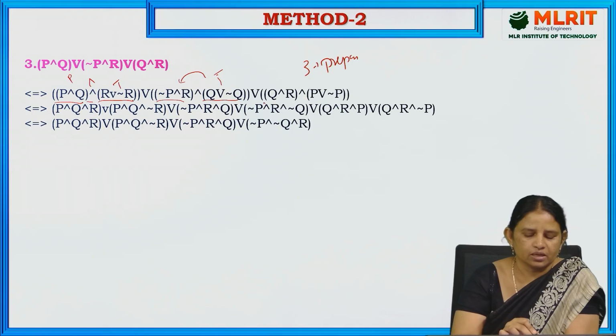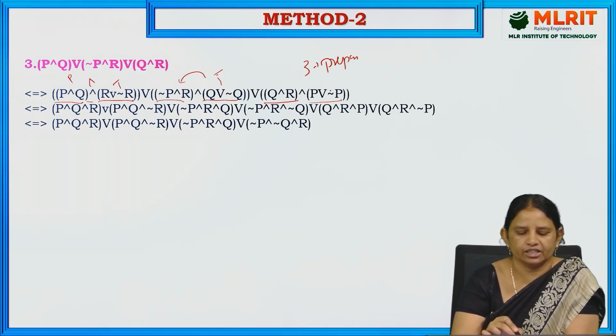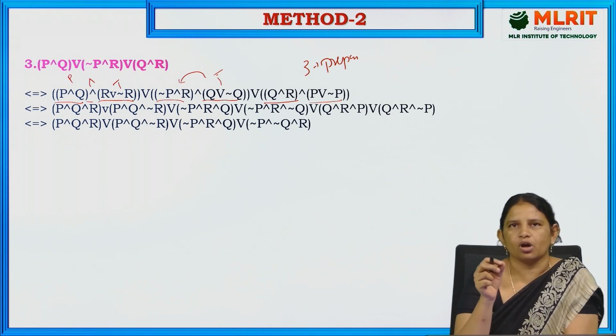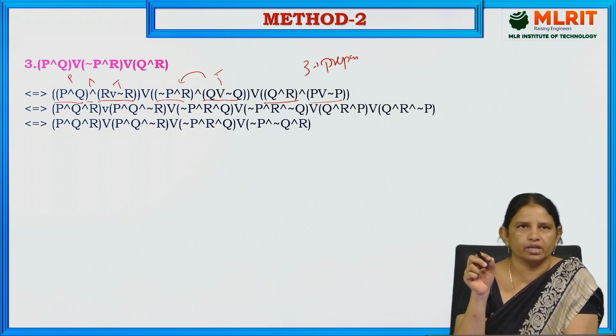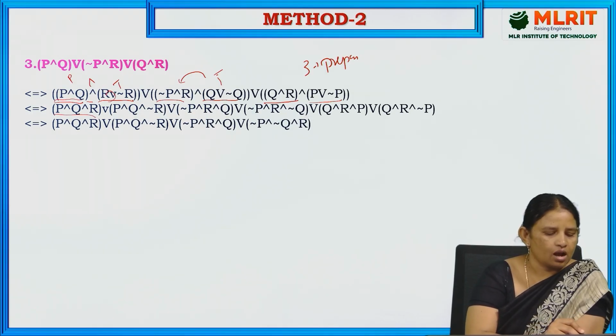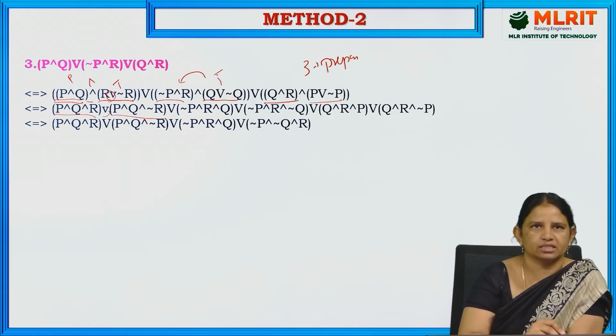Next, what is the missing factor? Q R is there, so P or negation P is the missing factor. Then we need to apply the distributive law to get the required format of DNF. P and Q is there, add R, that is one proposition. Then P and Q and negation R, that is the second factor.